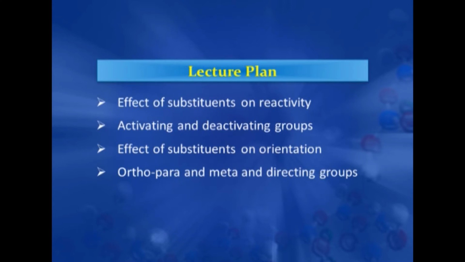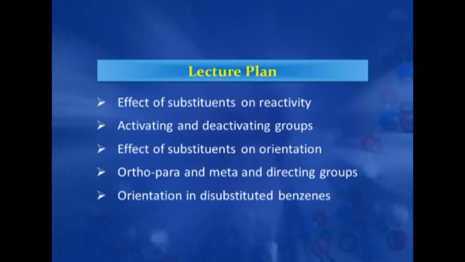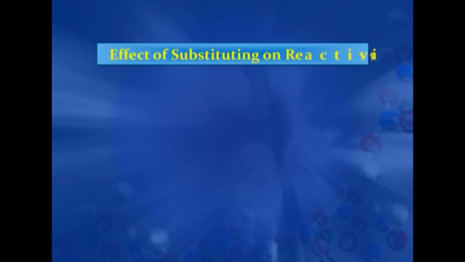And we further discuss today the orientation in disubstituted benzenes. That means if two substituents are present in the benzene ring, then in which position will the third group which enters go? Now, first we discuss the effect of substituents on reactivity.